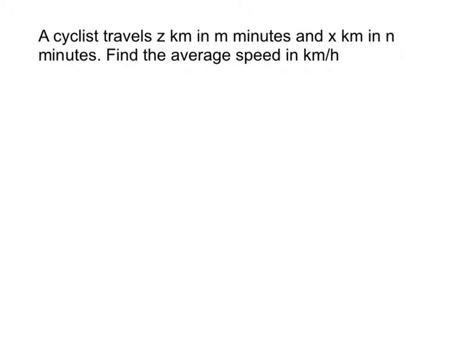Now this question, a cyclist travels z kilometres in m minutes and x kilometres in n minutes. Find the average speed in kilometres per hour. So the average speed, the equation for that, average speed is equal to the total distance divided by the total time. In our case, the distance is equal to z plus x.